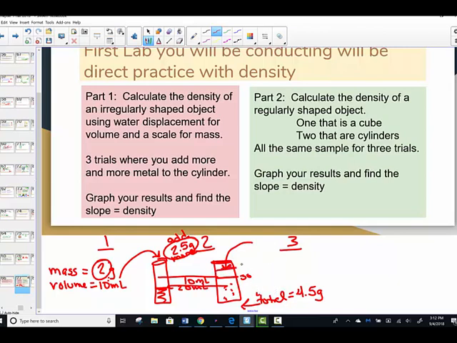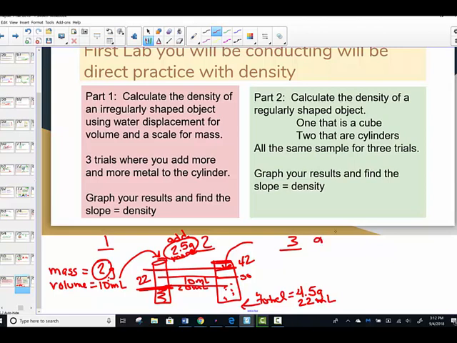Let's say it went up to, I'll say, 42. Just making it up. If the total mass is 4.5 grams, remember your original volume started at 20, and now it's at 42. You displaced a new volume of 22 milliliters. There's your ratio for your second point, mass over volume.